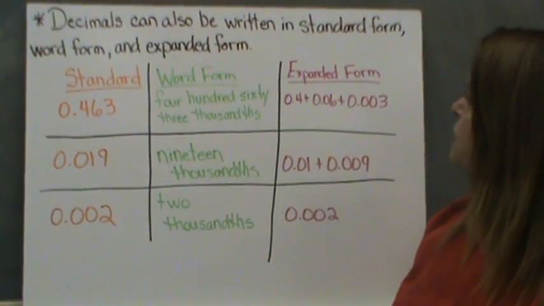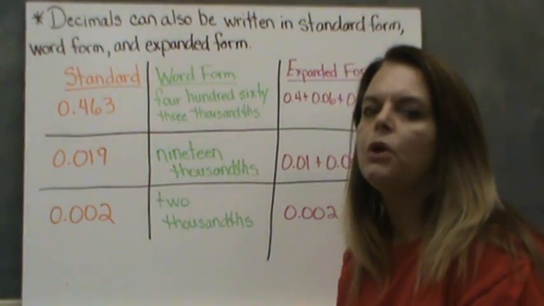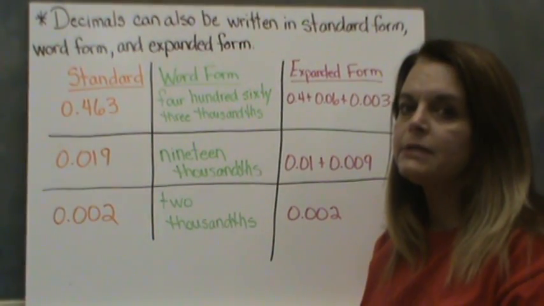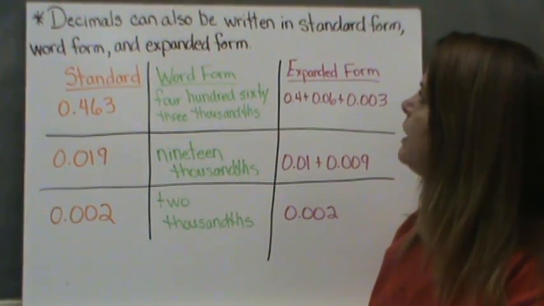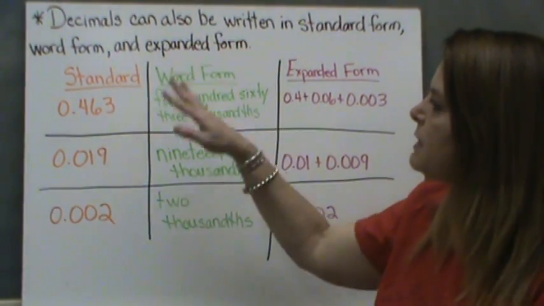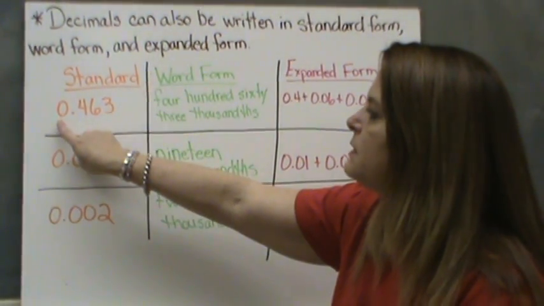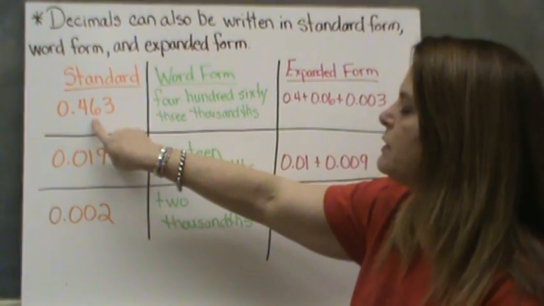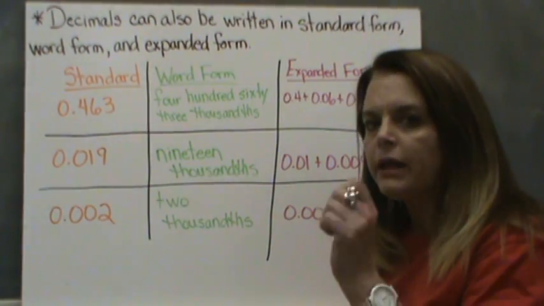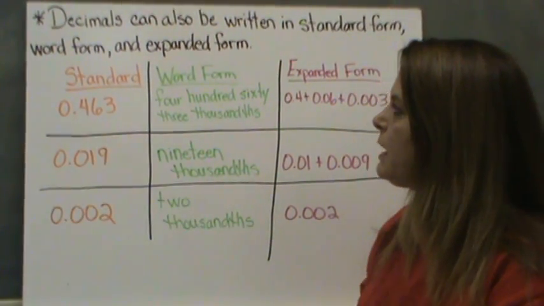Decimals can also be written in standard form, word form, and expanded form, just like any other number. So here are some examples that may be helpful. My standard form, 0.463. I'm writing the numbers using my decimal.